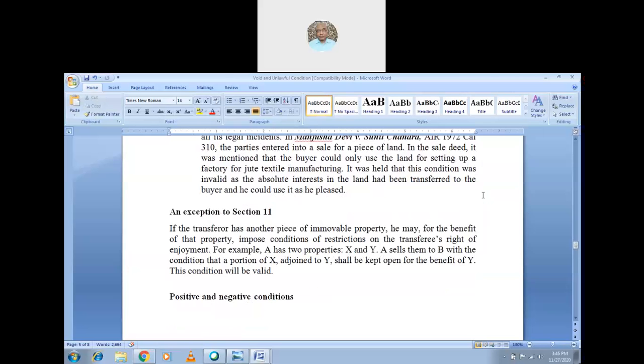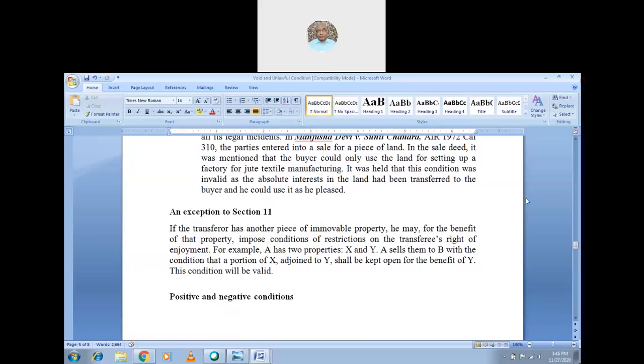If you want to construct a house adjacent to my property, leave at least 4 yards or 5 yards of distance so that he could enjoy his property with proper ventilation and aeration. That is the easement right he has. At that time he can keep such conditions.